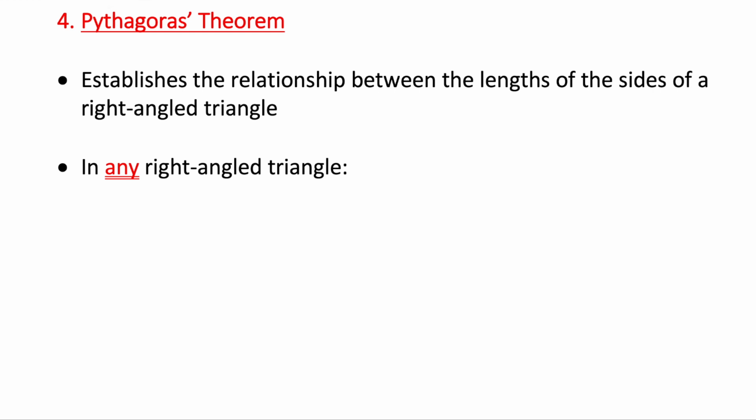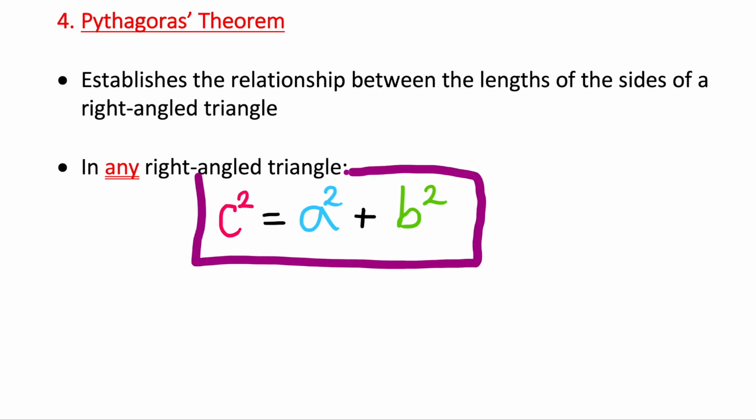It says that our hypotenuse, for which by convention we use the pronumeral C, so C square, the square of our hypotenuse, is going to be equal to the square of the shorter side, which we say A square, plus B square. Fantastic. And this is going to be our theorem.